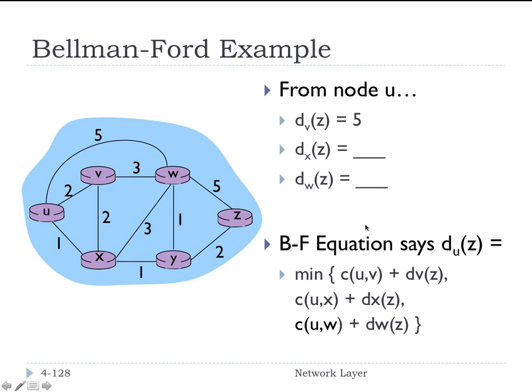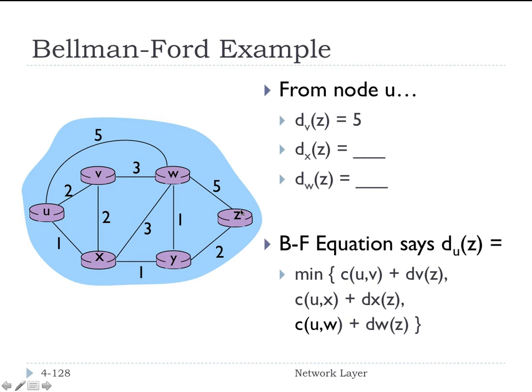And finally, the cost c of u,w is 5, and the least cost path from w to z is also 3. So that's 5 plus 3. So if we sum all that up, we see that the minimum of those is 4. So that tells us that the least cost path from u to z is through x.